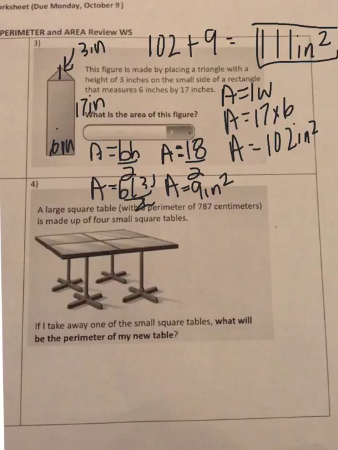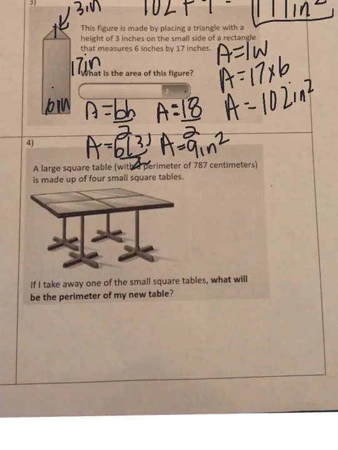If we're going to take one of them away, we want to figure out what our new perimeter, or the distance around the outside of this table, will be. So what we need to do first is figure out the length of one side, because that's going to be the length of all the sides since it's a square.